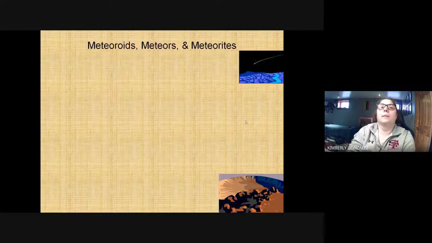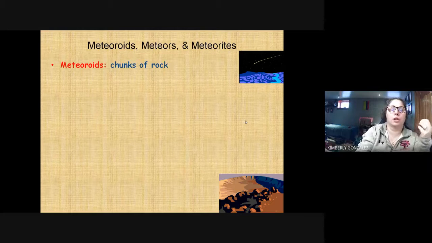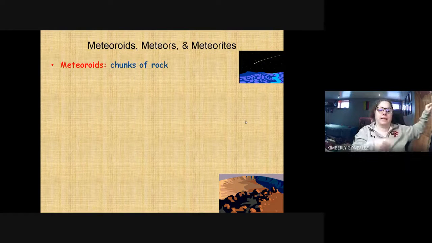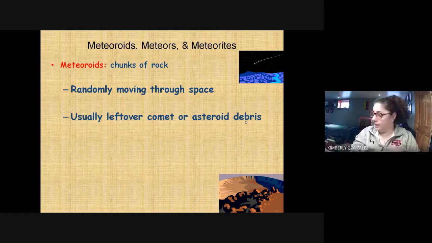So basically, you have meteoroids. Meteoroids are chunks of rock that are outside of our atmosphere. They are randomly moving through space, and they are usually leftover comet or asteroid debris.